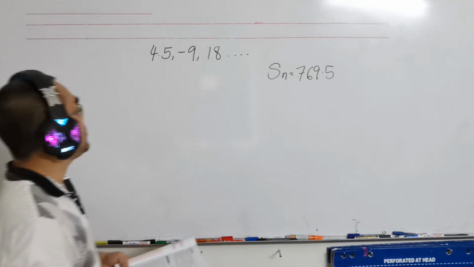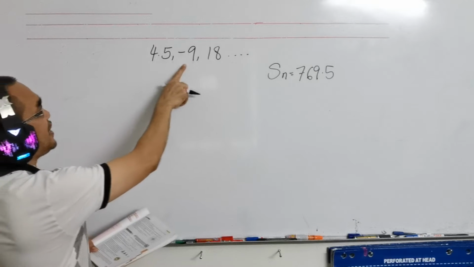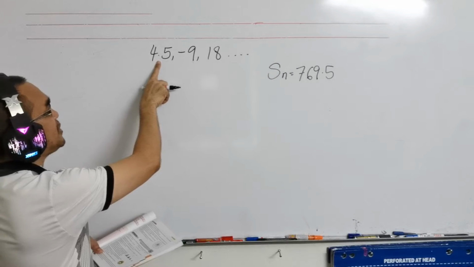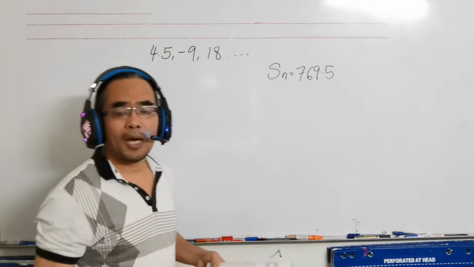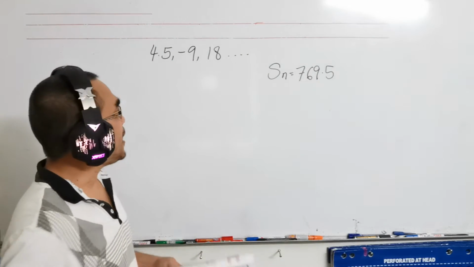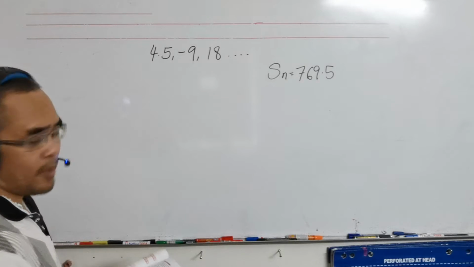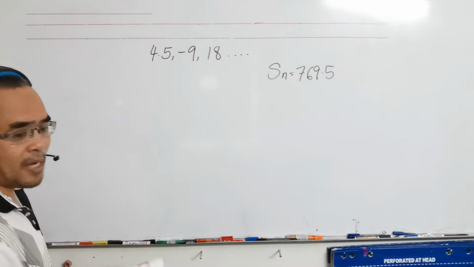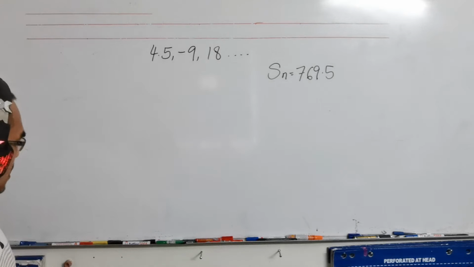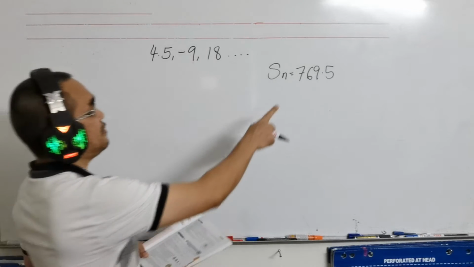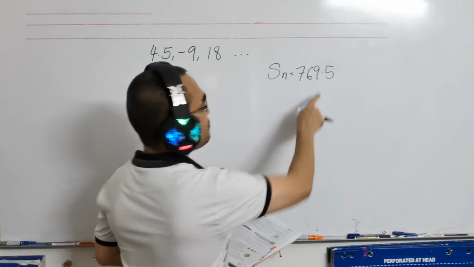769.5. As you can see, we have negative numbers here. So if positive plus negative, it will reduce the number. Okay, so anyway, we can still calculate the value of the terms manually, but it will take a lot of time.